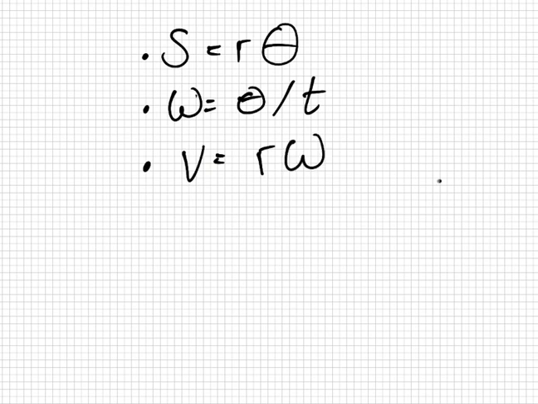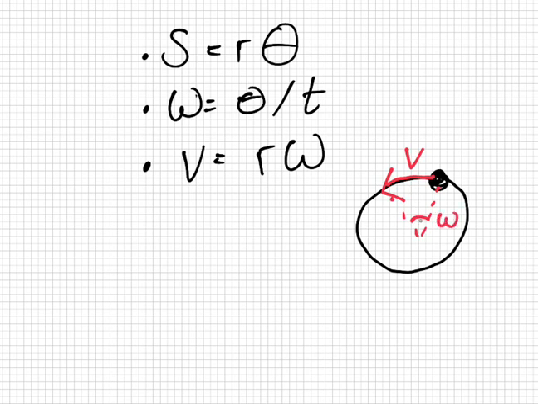Now, let's go back to my circle. This is moving around in a circle, and it's moving here with speed V, but don't forget that the angle is changing as well, with speed omega. Is this accelerating? Does this have an acceleration? Yes.